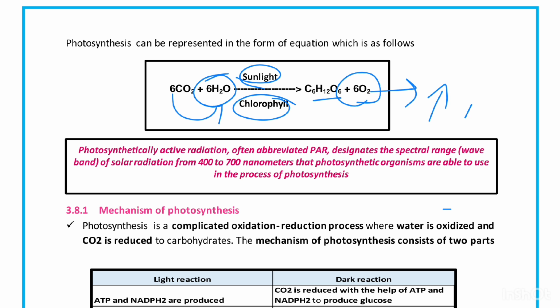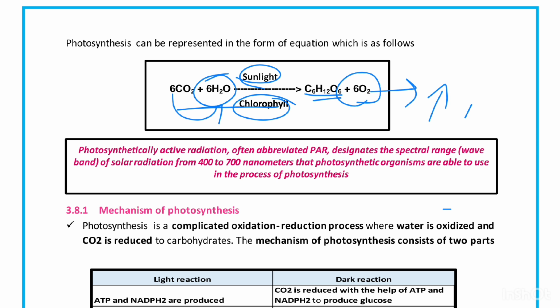Now before moving to the classification, we have to understand this process of photosynthesis in a very detailed manner, so that we can have a better idea how this glucose, that is carbohydrate food, is synthesized by the plant.